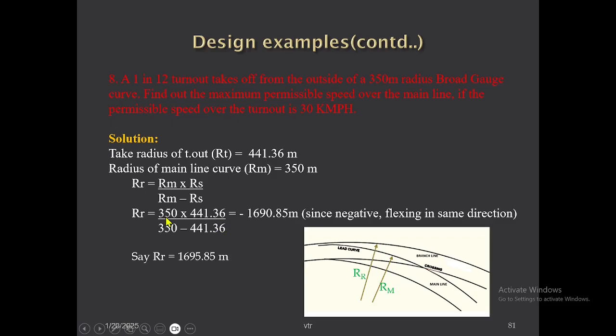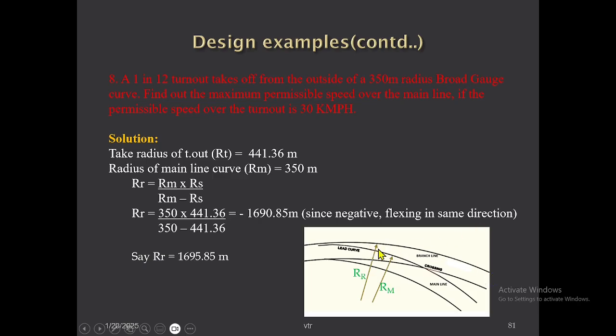Since the radius of the main curve is sharper than the radius of the turnout, we will get the value of resultant radius negative. It's coming around 1690.85 meter. It is negative. So since it is negative, what does it mean? It is not flexing in the opposite direction, it is flexing in the same direction.